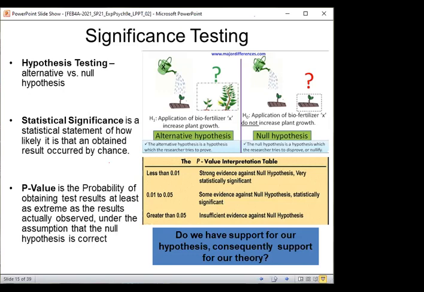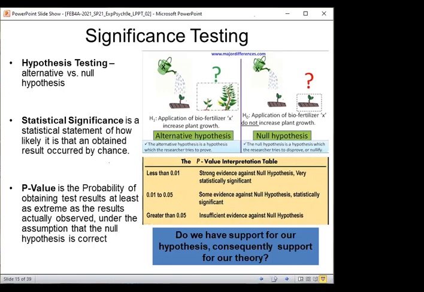Okay, so the null hypothesis could still be correct, meaning there's nothing there, and you could have gotten this data 10 out of 100 times, greater than 0.05, or 5 out of 100 times.